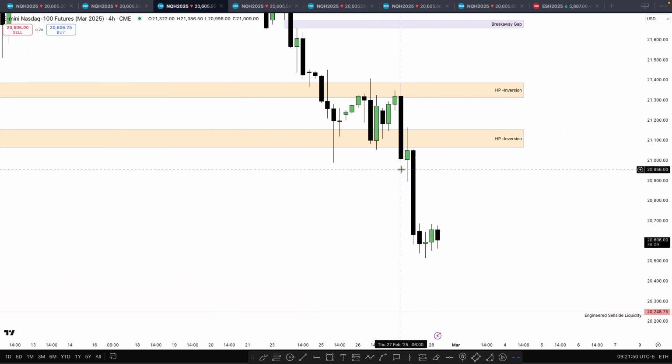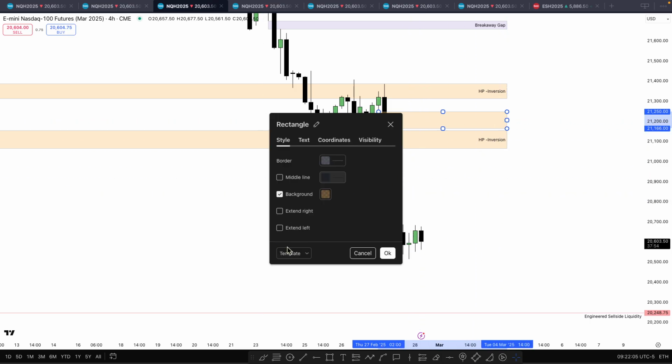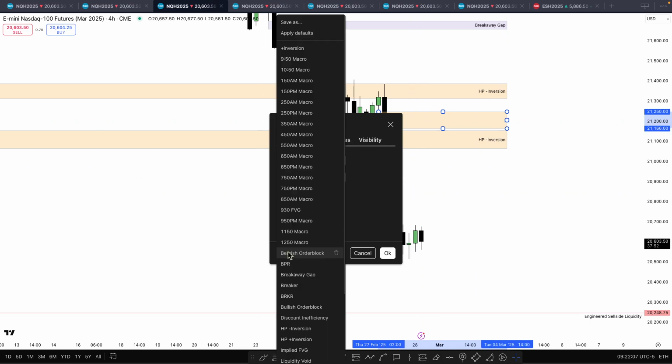And it did just that. Rejection off of this death candle right here, and this breakaway gap. Okay. And we know breakaway gap anticipation, the high probability inversions are an integral part of that.